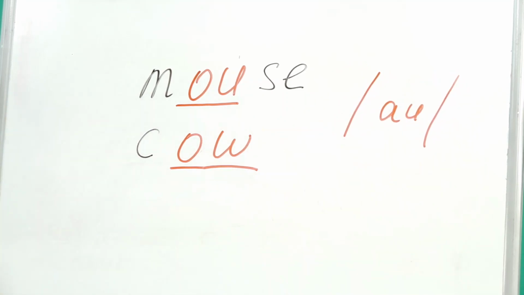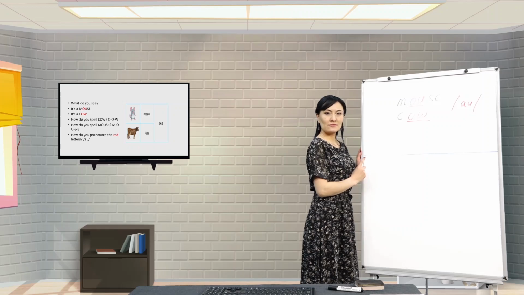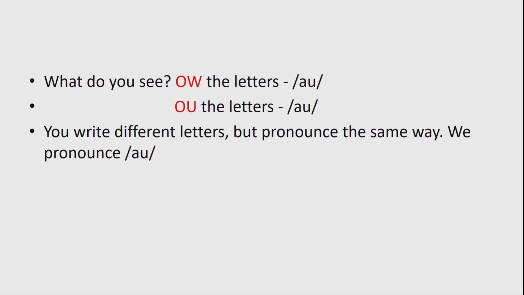Let's say mouse, cow. Okay, write these words in your copybooks. We have letters O, W, O, U. You write different letters but pronounce the same way. We pronounce ow. Remember.